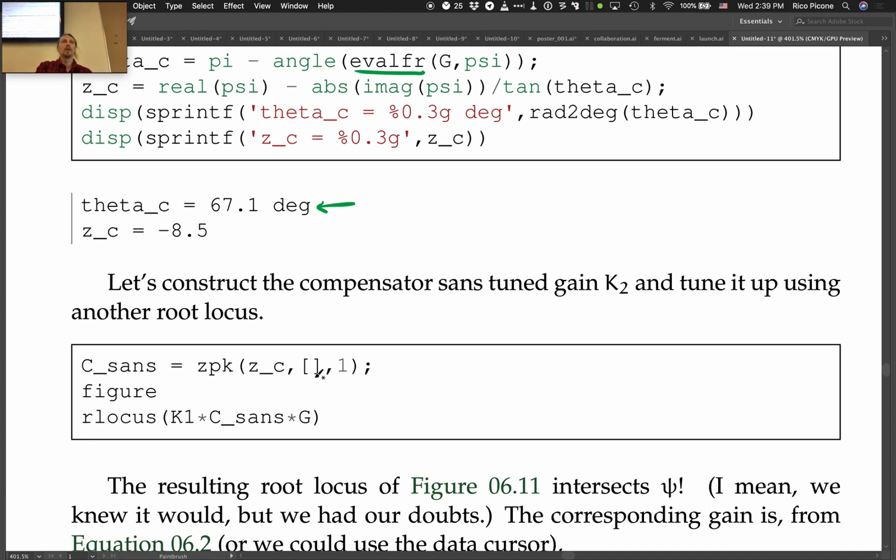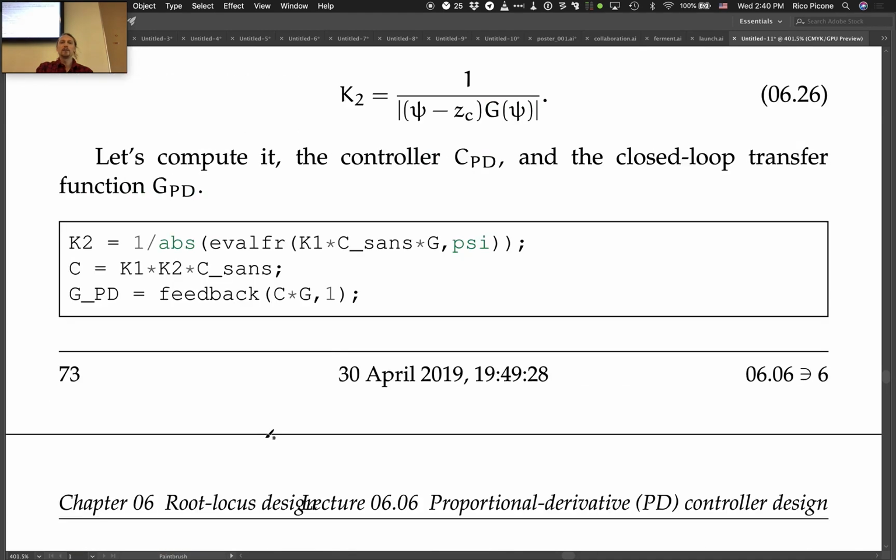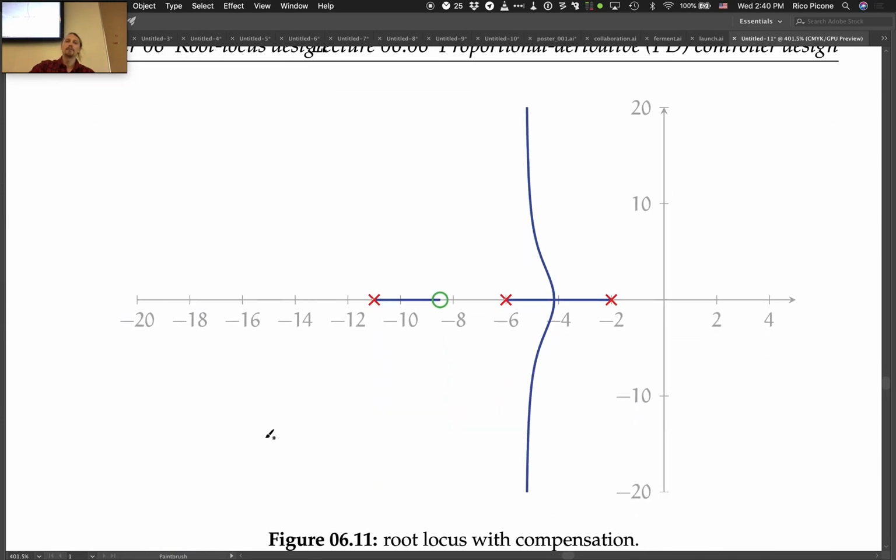There are no poles in this compensator, and it has an overall gain of 1. Open a figure, do another root locus, but this time include the compensator and the original gain, there your K1. And then we get the root locus of this figure here.